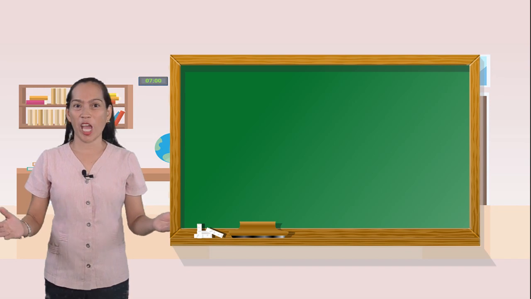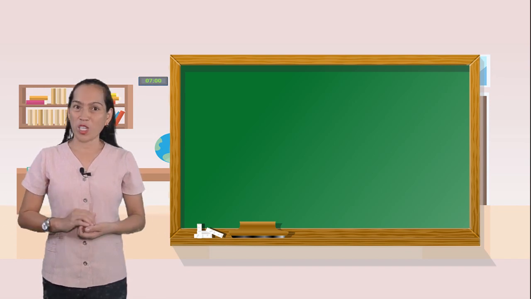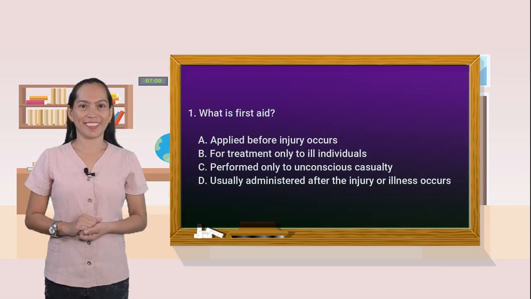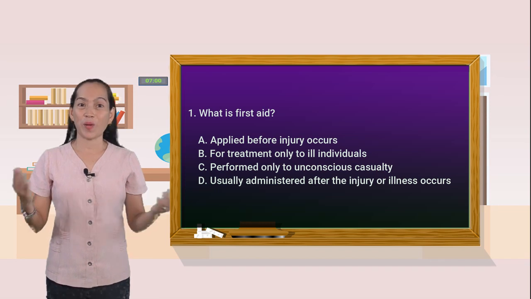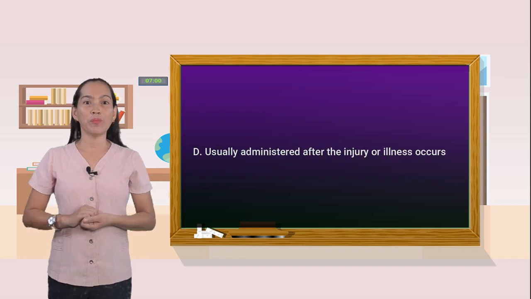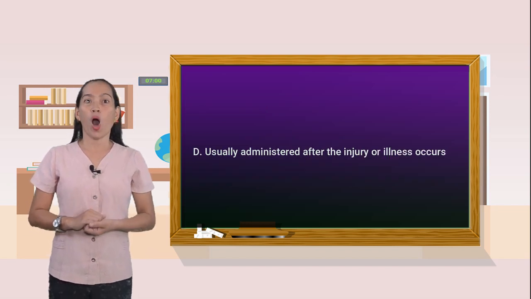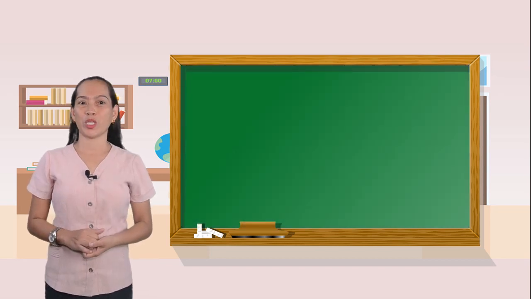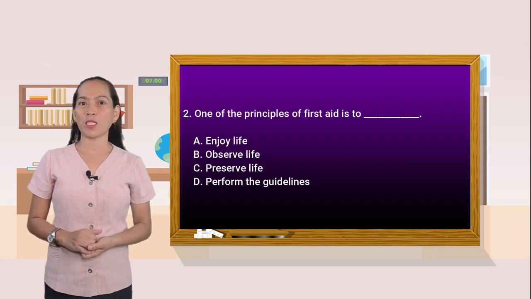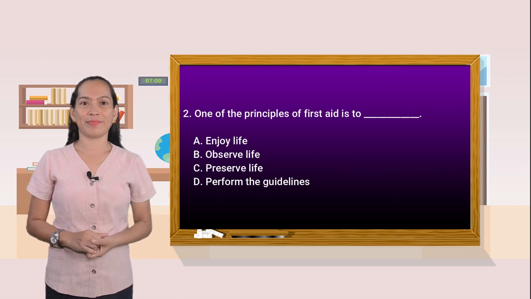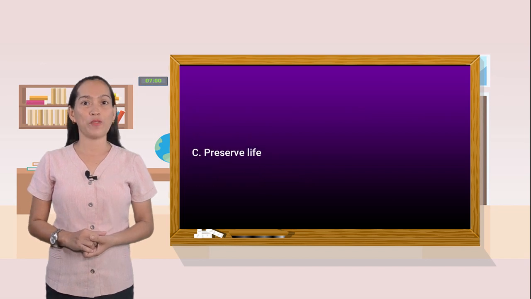Okay, let us check your answers. For question number 1, what is first aid? The correct answer is letter D, usually administered after the injury or illness occurs. For number 2, one of the principles of first aid is to blank. The correct answer is letter C, preserve life.